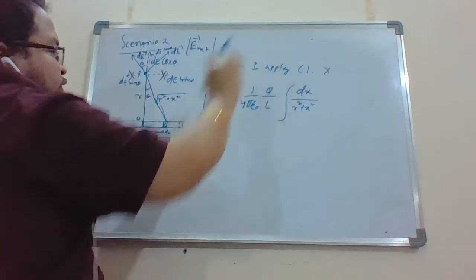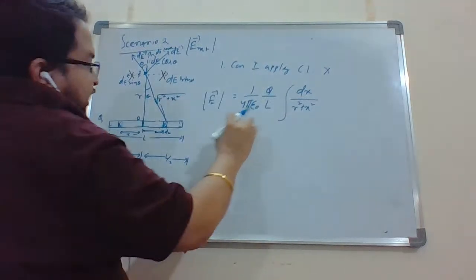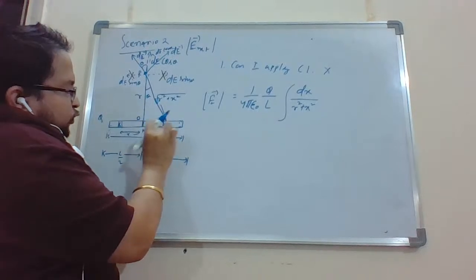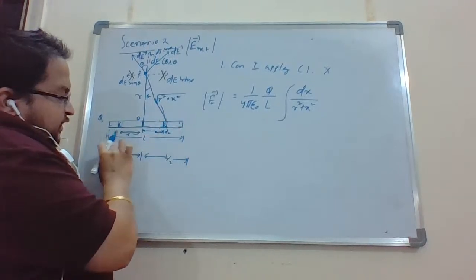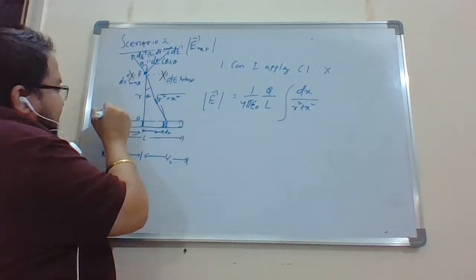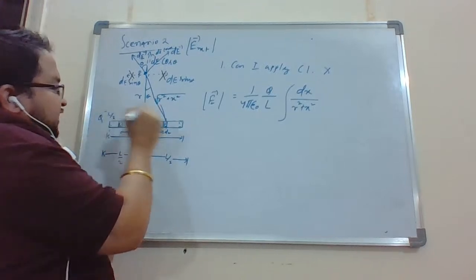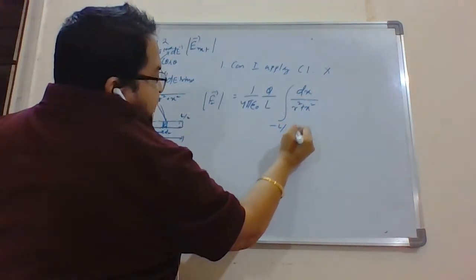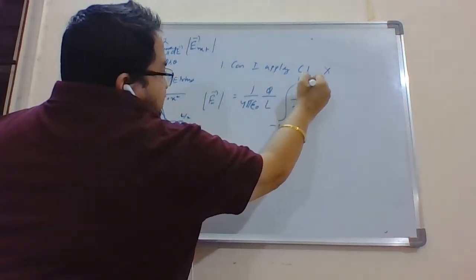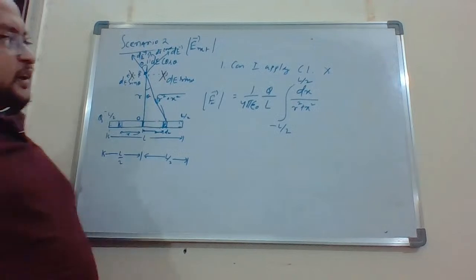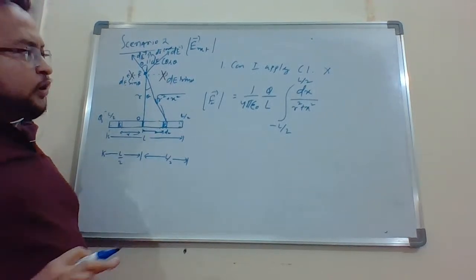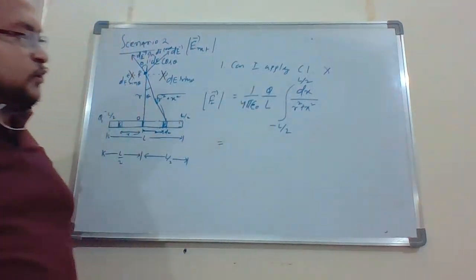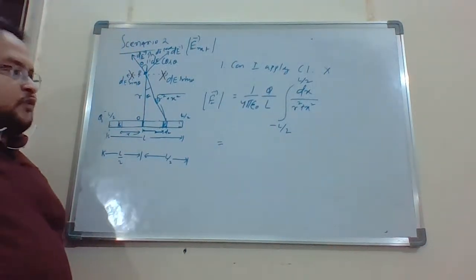Now I need to put the lower and the upper limits. If this length is L, can I say that x is varying from minus L by 2 to plus L by 2? The rest is just a simple solution of integration.